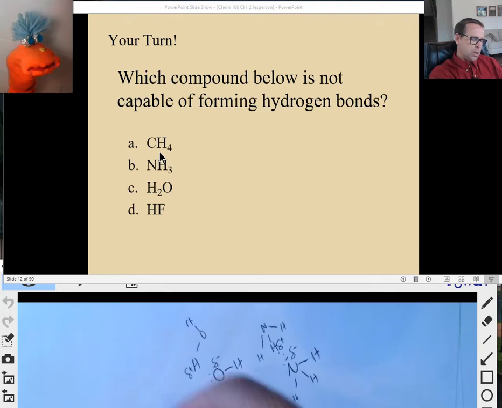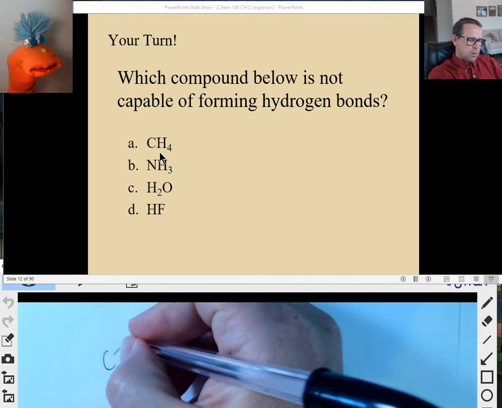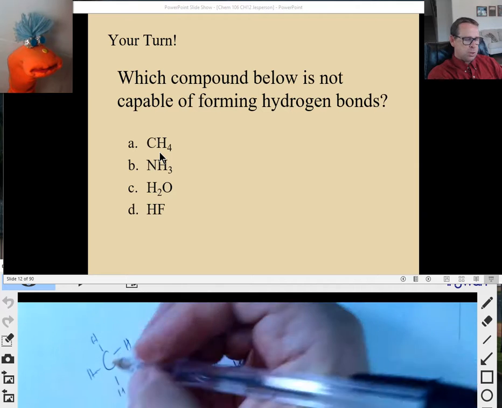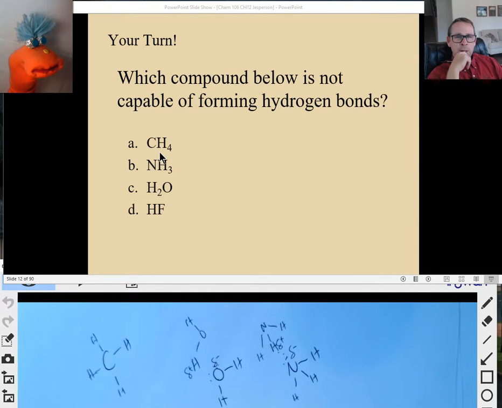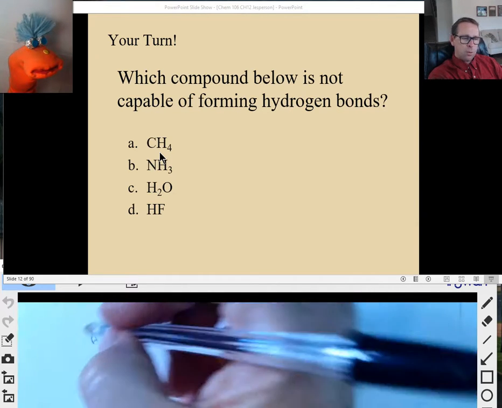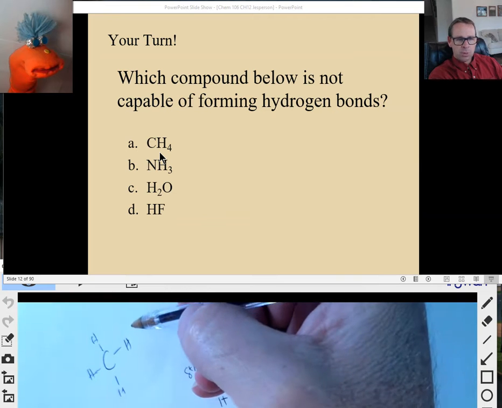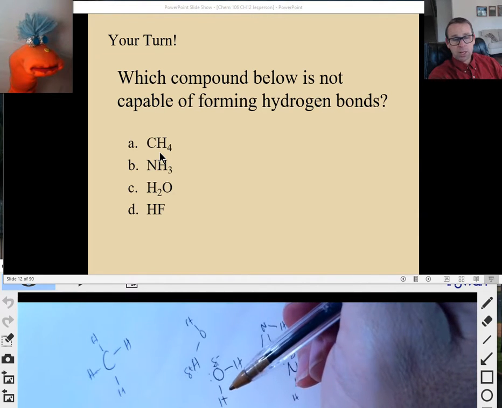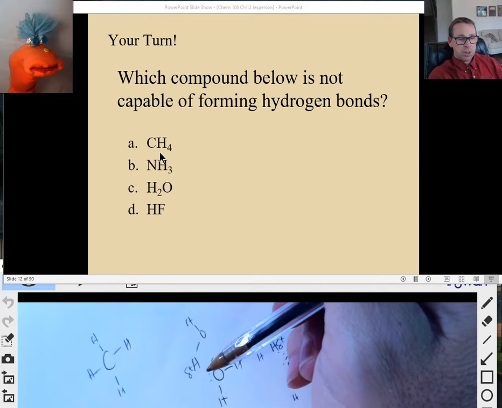What's its shape? That's a good point. CH4 ends up having a tetrahedral shape like this. So the symmetry right there shows you that there's no dipole, right? So there's not going to be a dipole-dipole interaction.